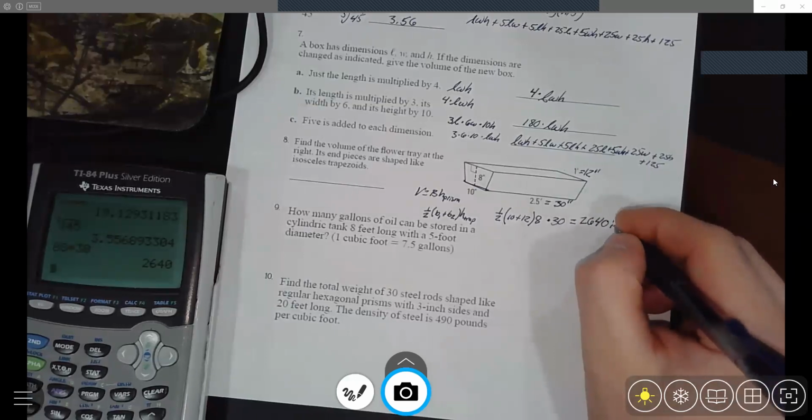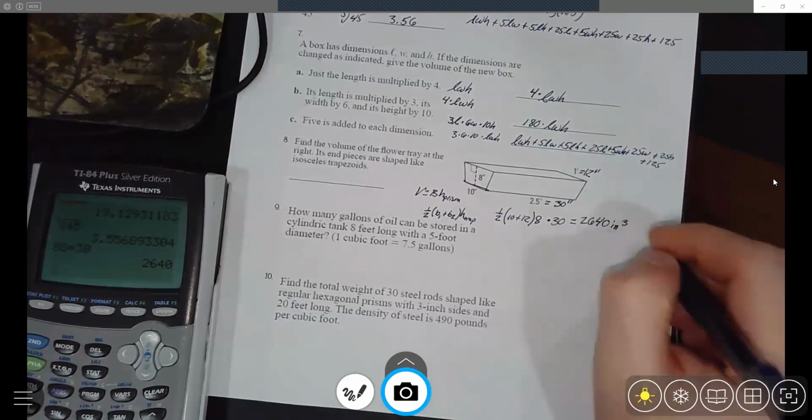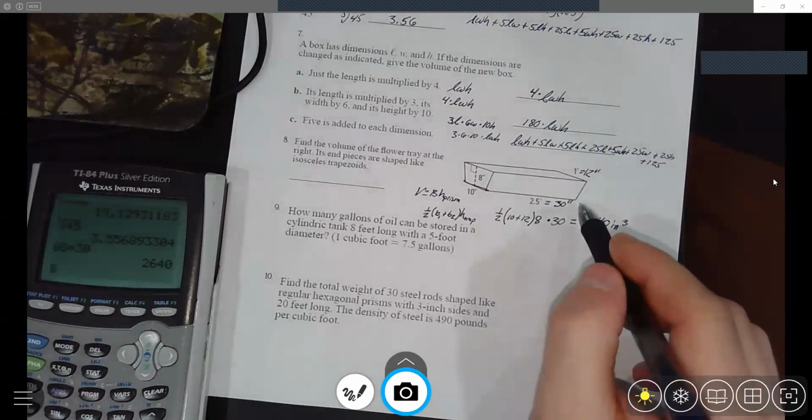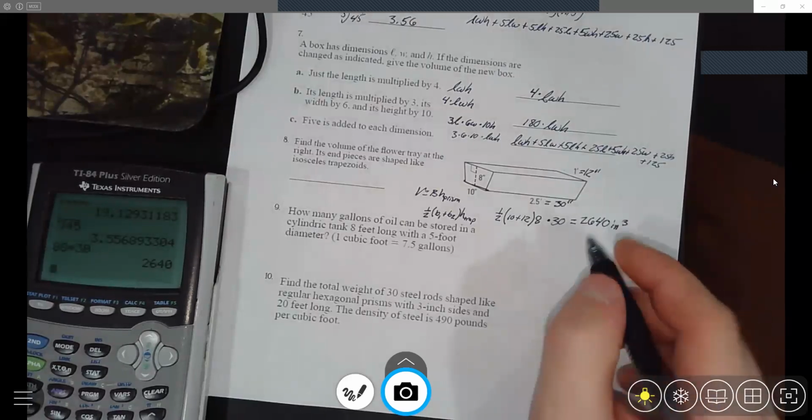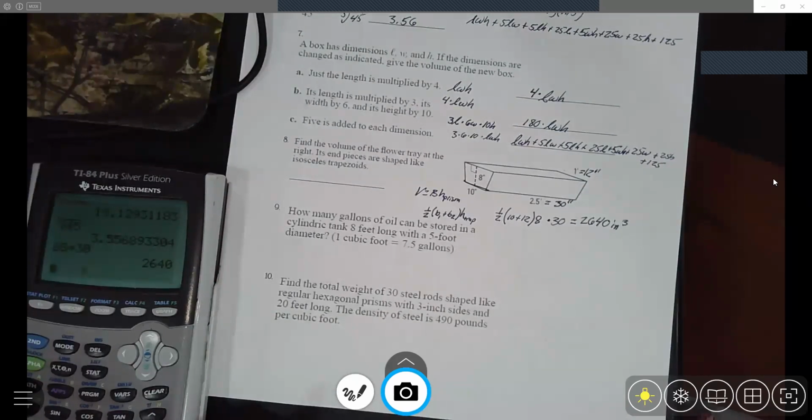So this is in cubic inches. Now you could also do this in feet. If you changed all the dimensions to feet, then you would end up with, we got to divide by 12 cubed, because there are 12 inches cubed in 1 cubic foot.